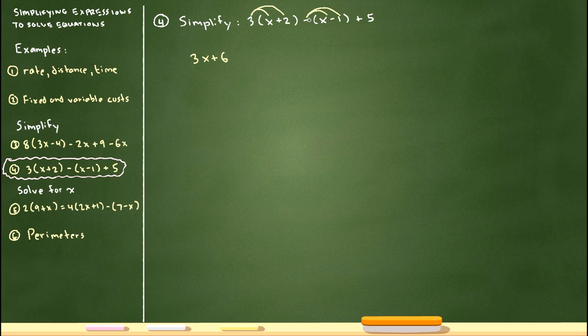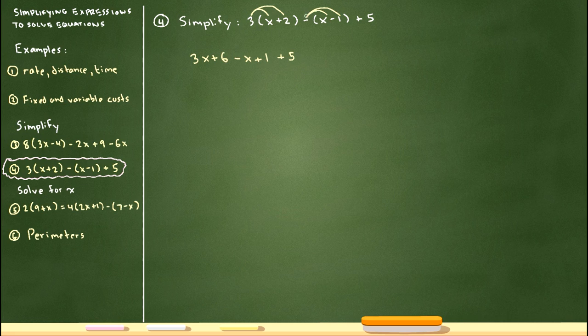And then over here, we have a minus sign out in front, or a negation of this set of parentheses. So the negation distributes just like the 3 does. We have negative x, and then negative 1 would be positive 1, and then plus 5.